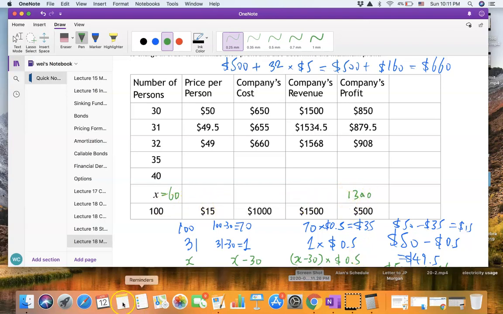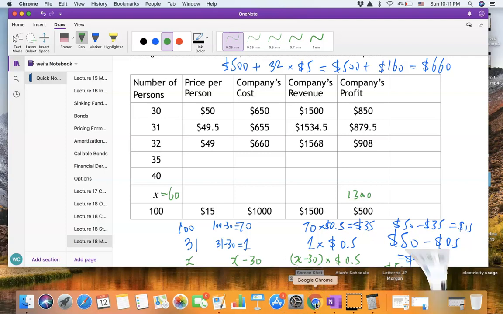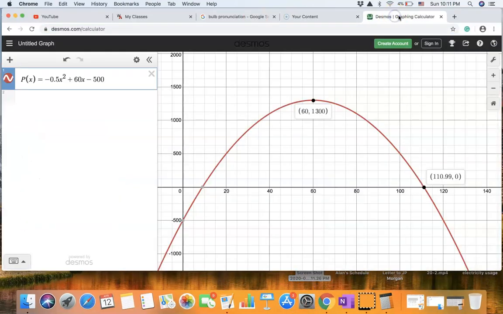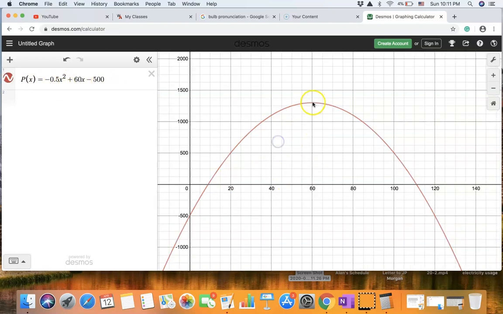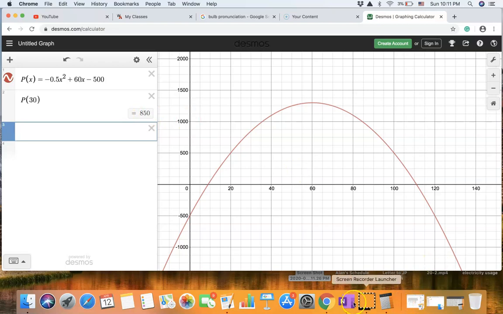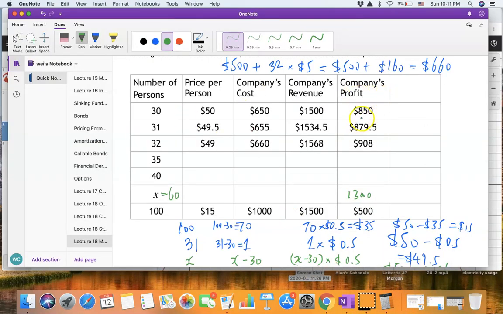Okay, let's take a look at the graph of this function. So this is our profit function. As we can see, when there are 30 people, the profit is 850, right?